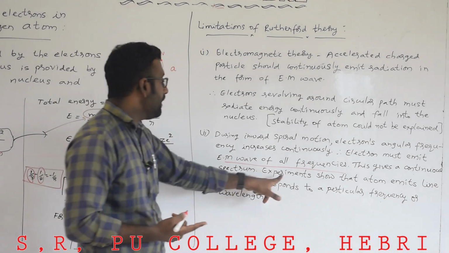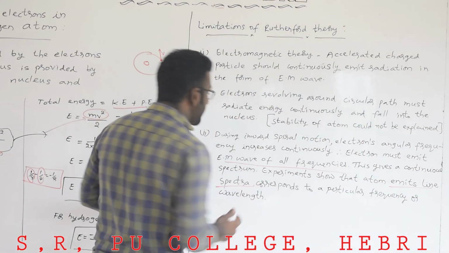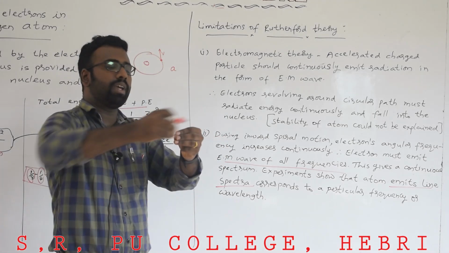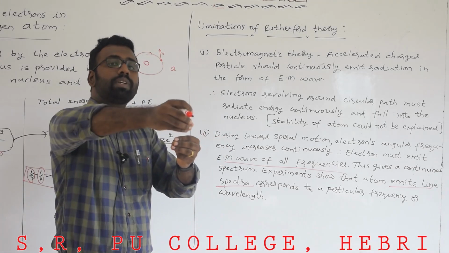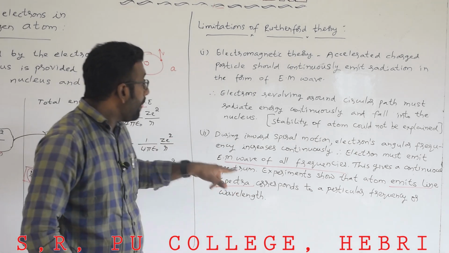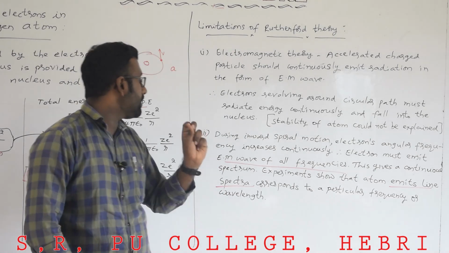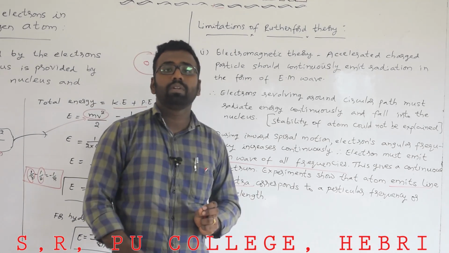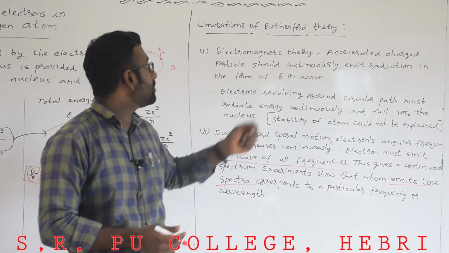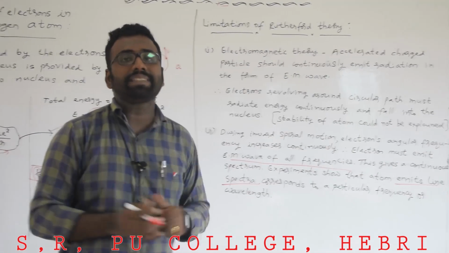Experiment shows that atoms emit line spectra. Line spectra means, like, one energy level over here, another one over here. So there is a difference. It is not continuous. And also each line in the spectra has got a particular frequency or wavelength. So that was not able to be explained by Rutherford theory. So Rutherford theory got discarded.